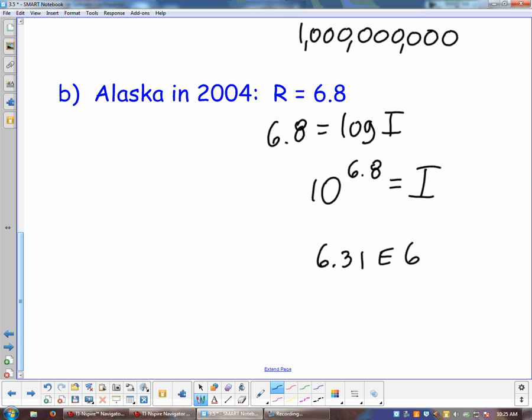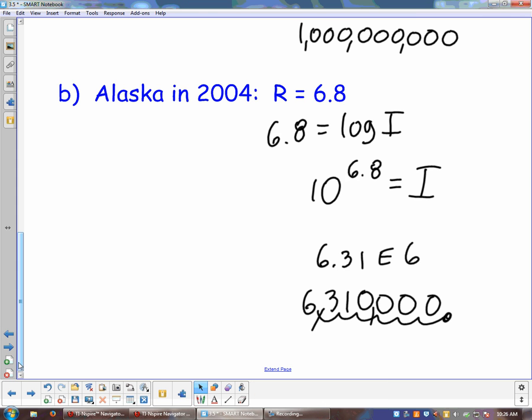E6. So that's really 6.31 times 10 to the 6th, so that's going to be 6,310,000. All right, so quite a difference from 1 billion.